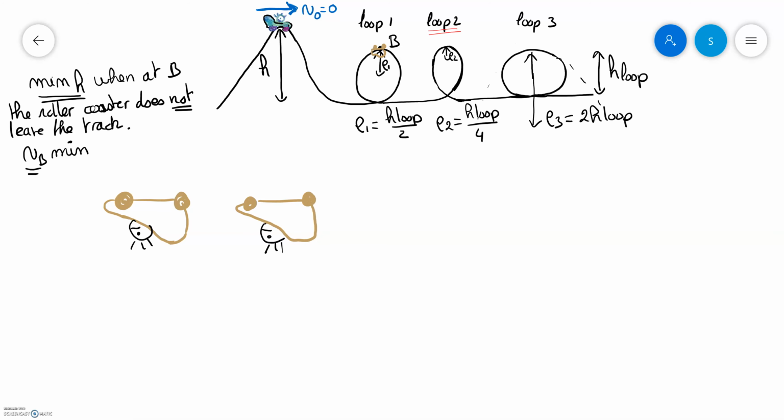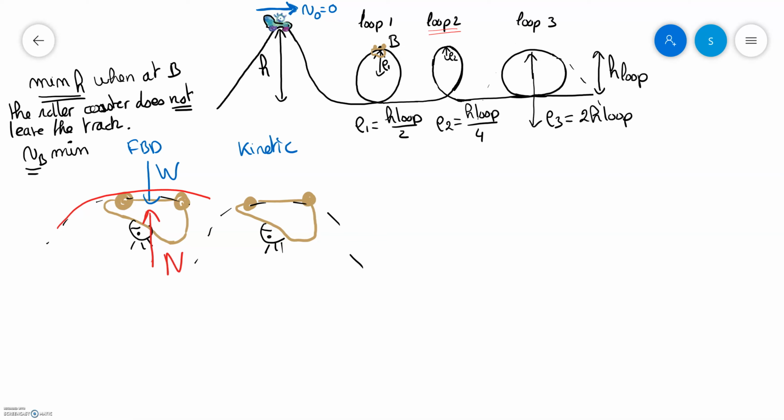So we are at the top of the loop here. Which forces do we have? That's the free body diagram, and that's the kinetic diagram. We have the weight, and we have a normal force, because there's some contact with the track there.